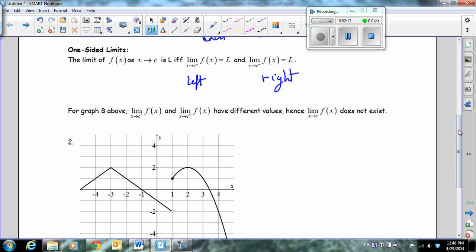Let's look at the graph we have here. For graph B above, the limit as x approaches c from the left of f of x and the limit as x approaches c from the right of f of x have different values. Hence, the limit of f of x as x approaches c does not exist.